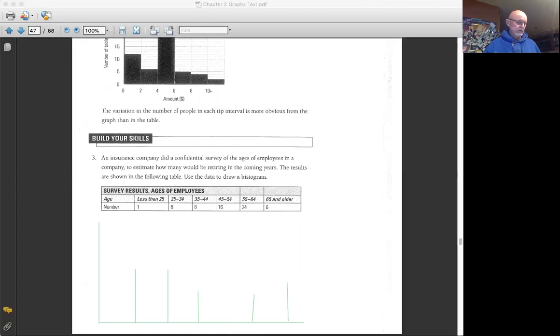And so here, this hash mark could be 25, $25, $34, and as you go up, 44, 54, 64.